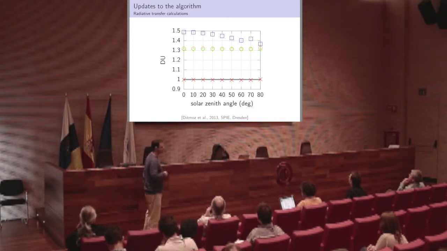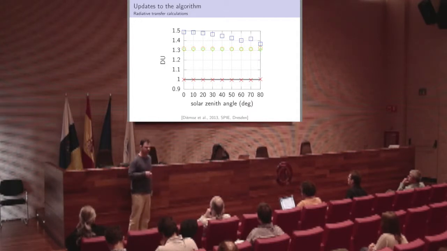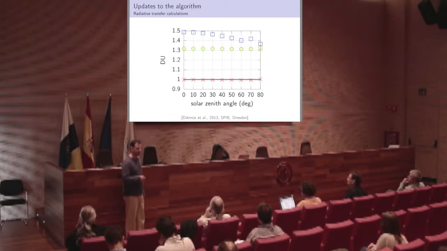It is represented by red crosses, while the old algorithm greatly overestimates the input value of nitrogen dioxide. This difference is due to the filter correction. If you don't take into account the non-neutrality of your neutral density filter, you have this error. And the remainder is due to the old set of cross-sections that are used within the algorithm.